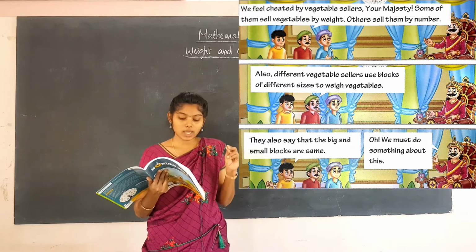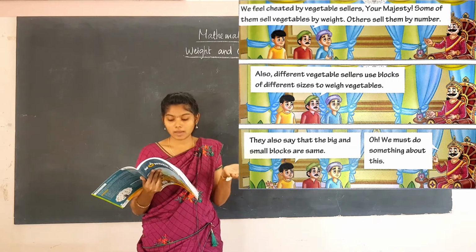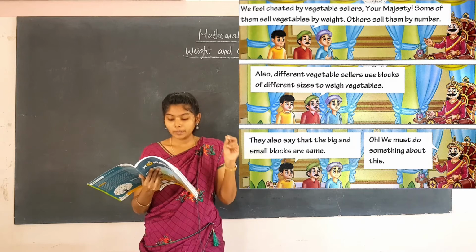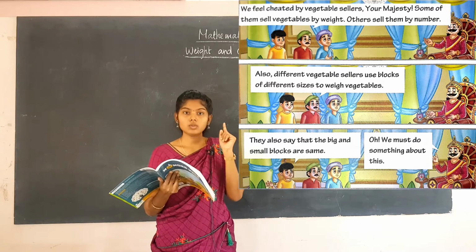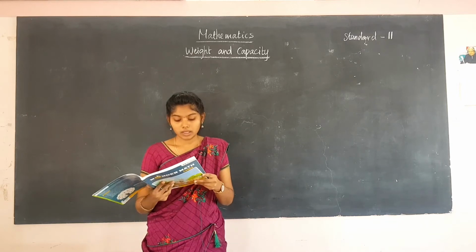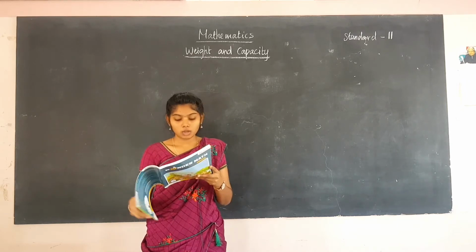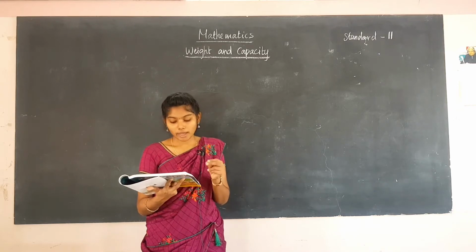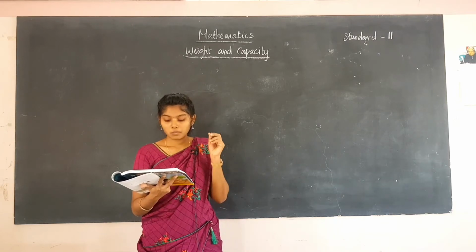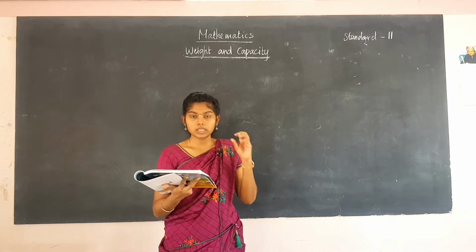They also say that the big and small blocks are the same. Oh, we must do something about this. Now the king started to think. Why is there a problem if vegetables are sold by number? There is some problem while using numbers. Why should vegetable sellers use blocks of the same size to weigh vegetables? So they are using the same weight, right?